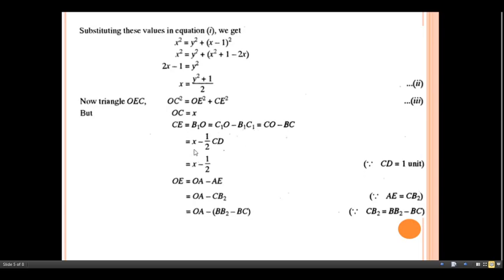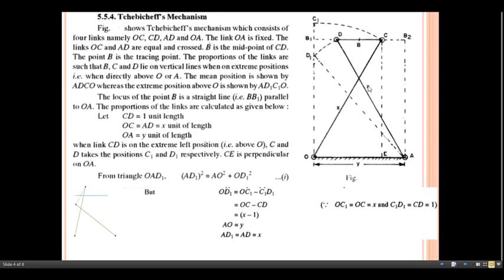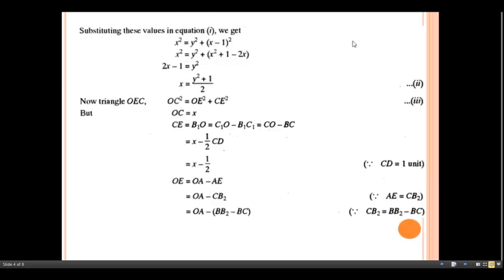Now, for that, we already know CO is nothing but X, and what about this BC? BC is nothing but half of CD. Okay, in this way just proceed to the next one. Here CD is nothing but the unit length we have considered, so you can simply write X minus half.